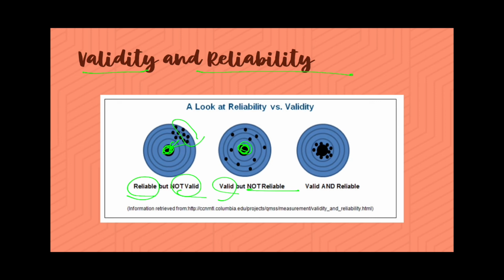But if it's both valid, meaning it is measuring what it's intended to measure and is theoretically sound, and at the same time reliable, meaning the items are cohesive and the understanding of the items is the same for most of the respondents, then you'll be closer to the objective truth.